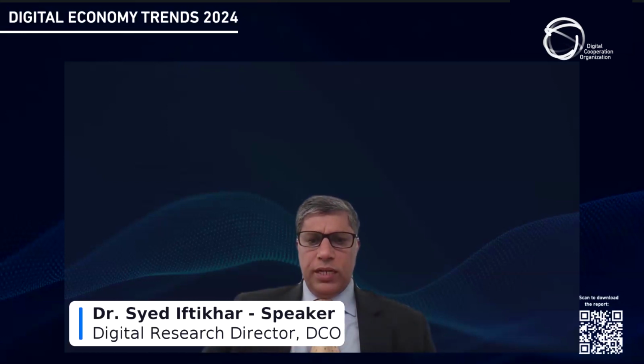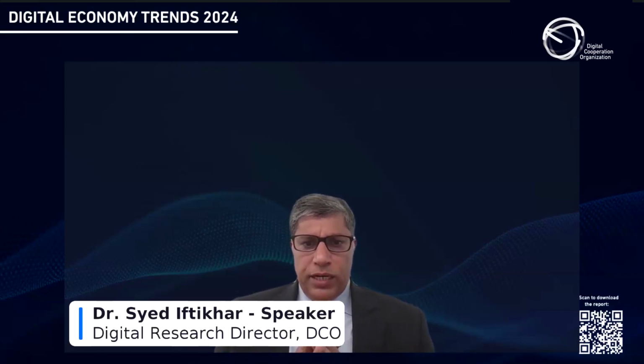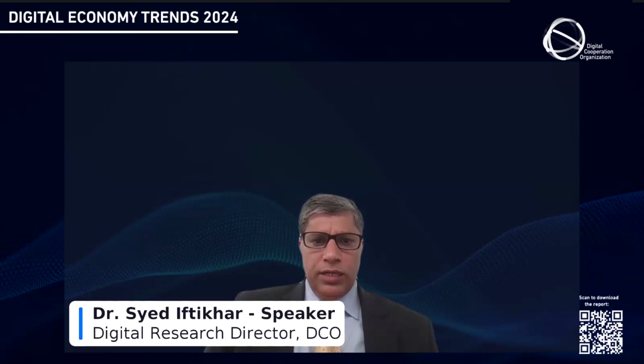The report blueprint also presents the criticality of each trend identified in the global digital economy in 2024. For example, in the AI theme, the trend AI digital government has a high criticality. Now we talk about the key themes.